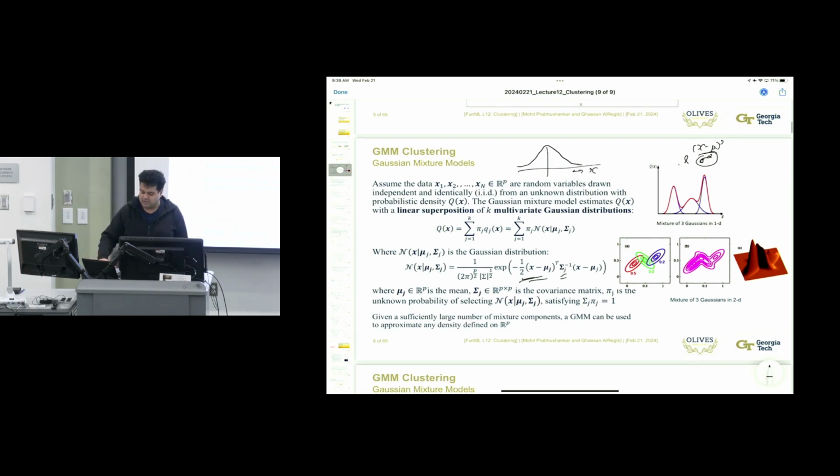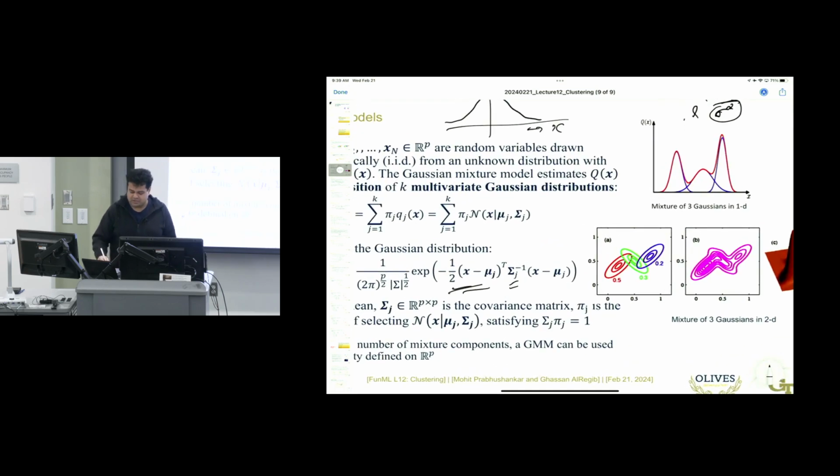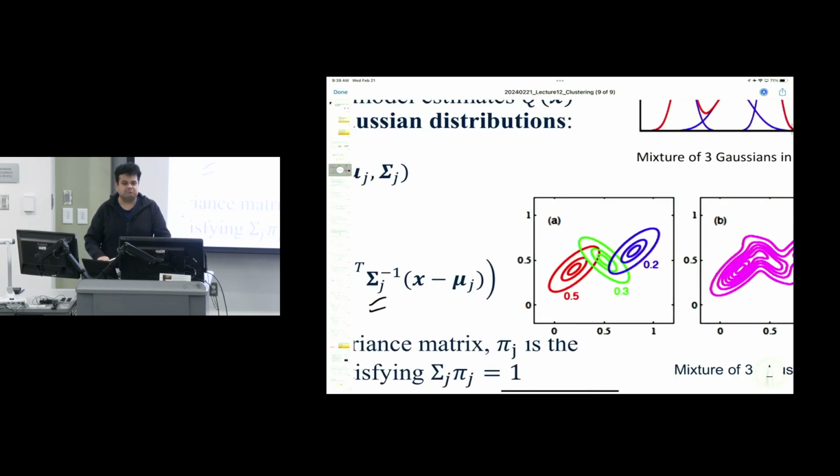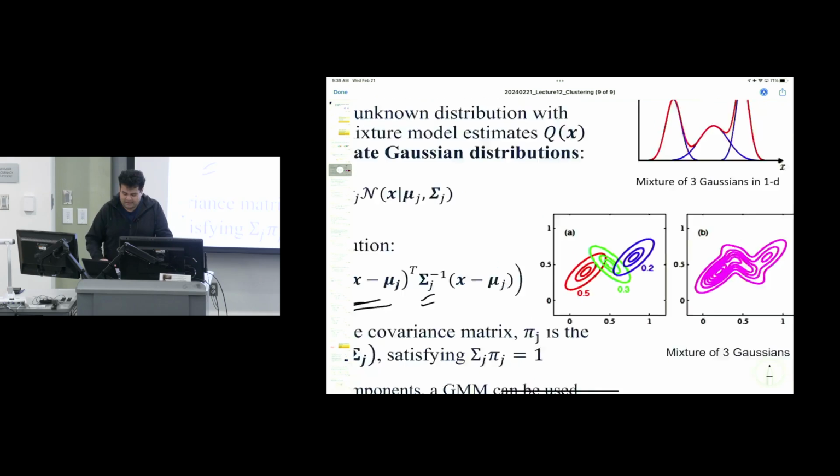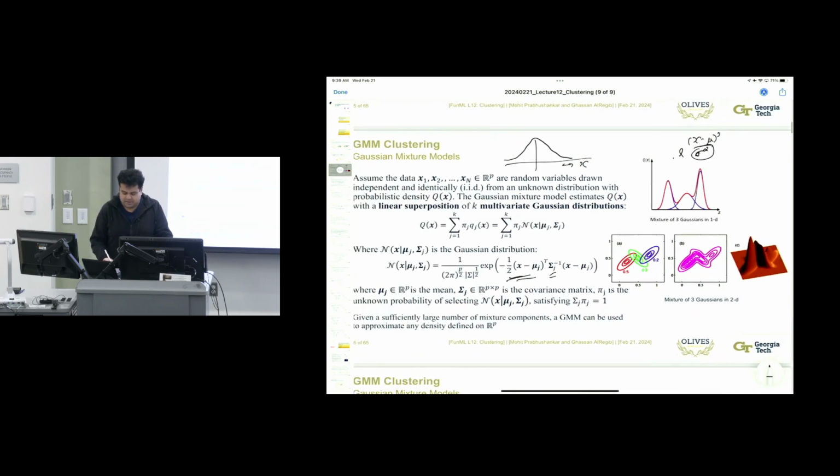But then you can have multiple other distributions as well. In 2 dimensions, this is what your Gaussians are going to look like. And the mathematical representation of these kinds of Gaussians is based on this formula you have here. For 2 dimensions, of course, your sigma is a 2 cross 2 matrix. But if you have 3 dimensions, let's say, it's going to be a 3 cross 3 matrix, and so on. And each element within it is how every dimension varies with the other dimension.